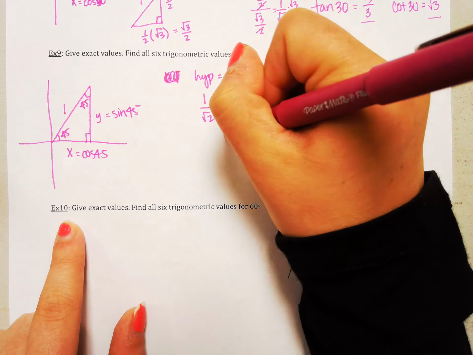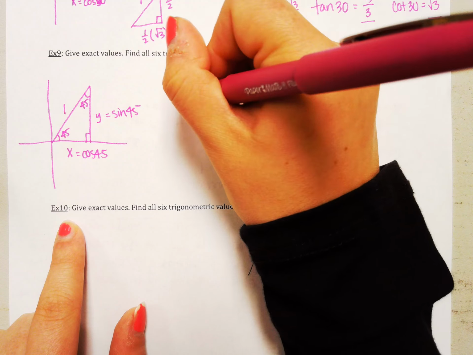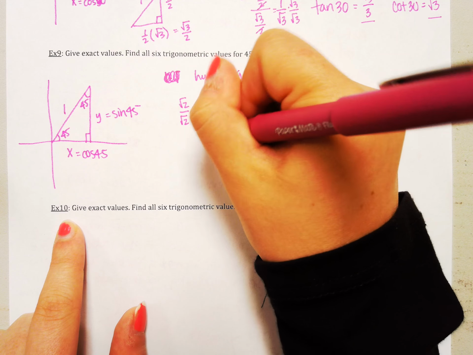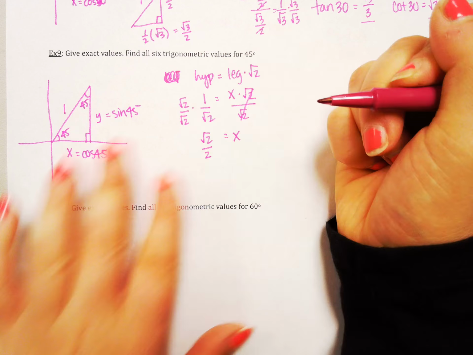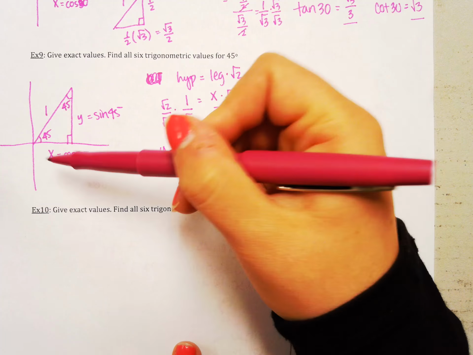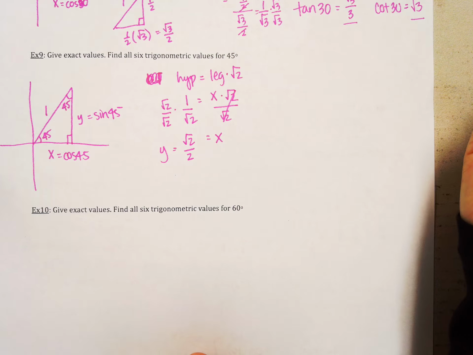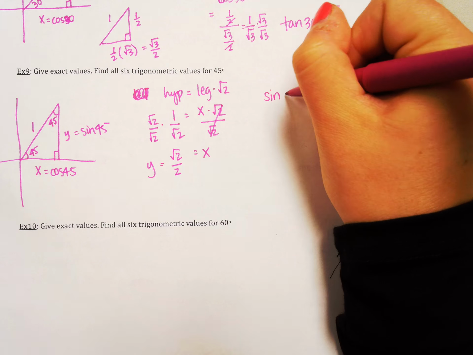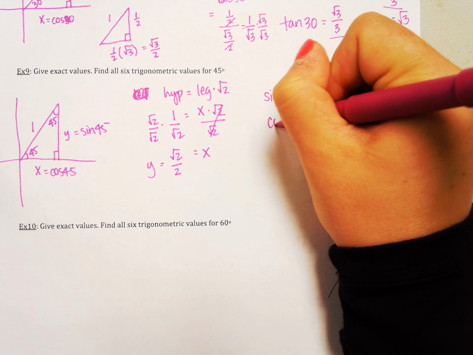Those will go away, I'll be left with x, and then I'll rationalize. So I'll get √2 over 2. And that should, again, ring a bell. That's also equal to y, because in a 45, 45, 90 triangle, x is equal to y. So that should ring a bell as far as our trig functions are concerned.